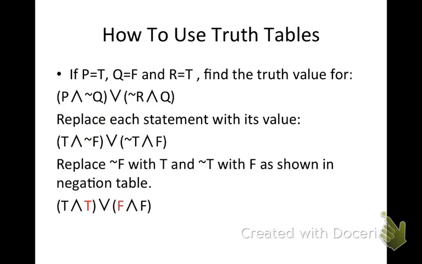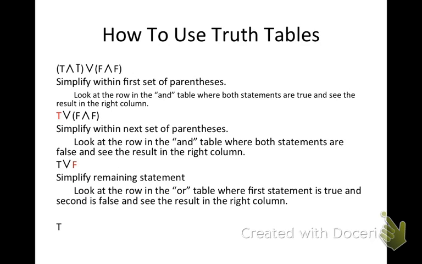Now I have a true and a true, or a false and a false, and I have to do the parentheses first. So here's what I started with, true and true, or false and false. And I'm going to look for the true and true. I'm going to simplify that first.